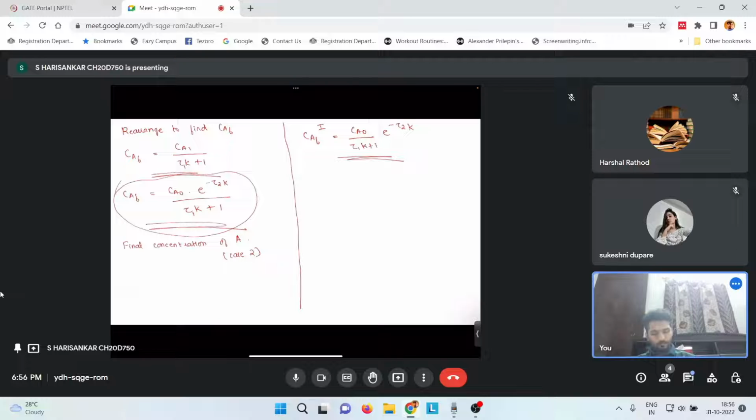And for case 2 also, CAF is equal to CA0 by tau 1k plus 1, e raised to minus tau 2k.